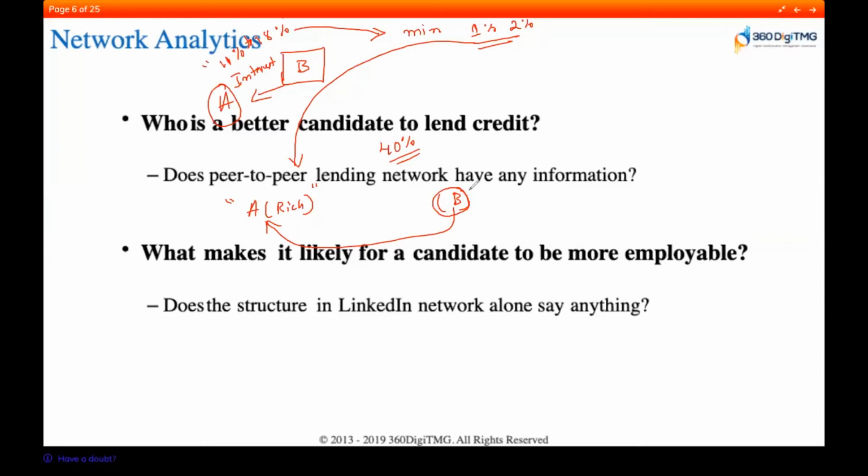Okay. So if he is part of any social media network, what social media networks does he use? Let's say there are Facebook, Twitter, and Instagram. All these are social media networks which B is part of.